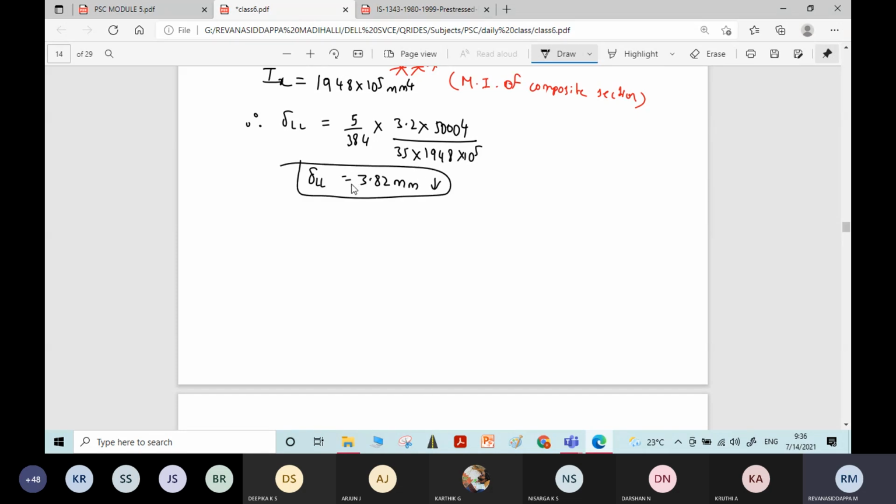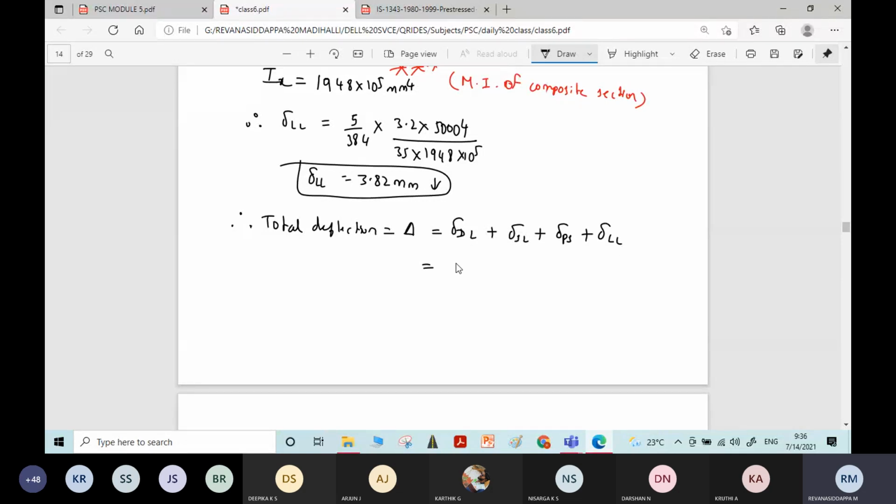Now we can find the total deflection. Therefore, the total deflection delta is equal to the sum of deflection due to dead load, deflection due to slab load on the beam, deflection due to pre-stressing force, and deflection due to live load.